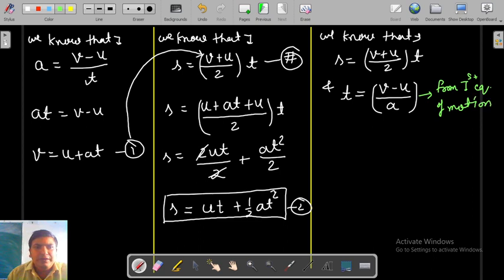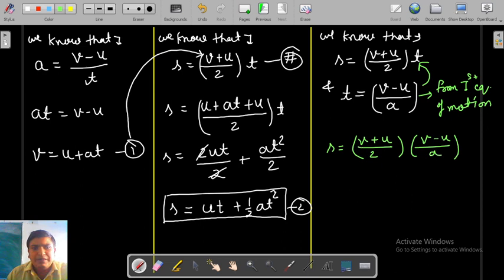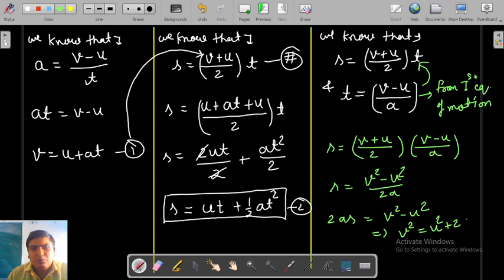Okay, so what we do, we put this value of t here, we get s equals to (v plus u) upon 2 times (v minus u) upon a. So v plus u and v minus u will become v square minus u square upon 2a, which means 2as equals to v square minus u square, and finally we get the third equation also, that is v square equals to u square plus 2as. So this is our third equation of motion.